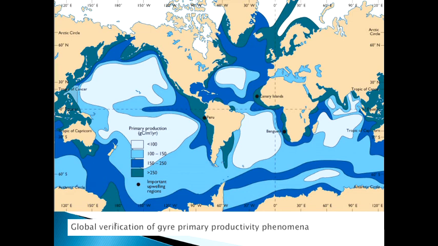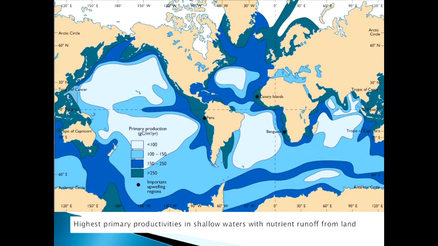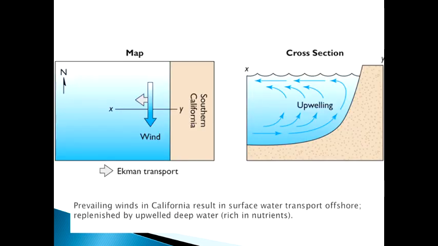So this is a global verification of this phenomenon of low productivity from the gyres. The highest, again, are present where there is runoff from land, plus the phenomenon of upwelling, which again, we're kind of sort of hammering home here with each of these slides.